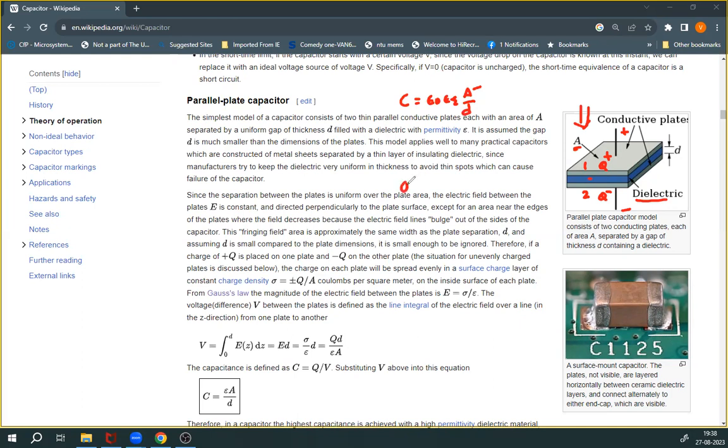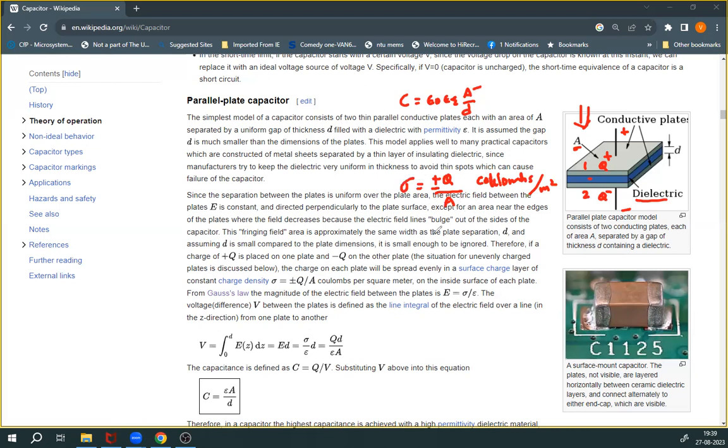That surface charge density is indicated by this symbol, and it can be written as plus minus Q over the cross-section area A. The unit of this would be coulombs per meter squared.